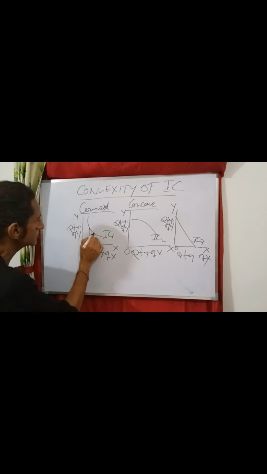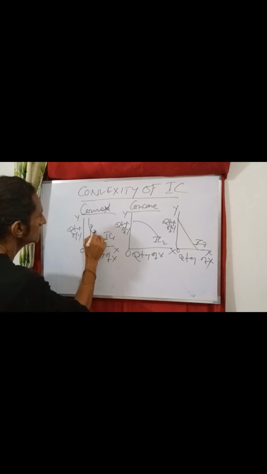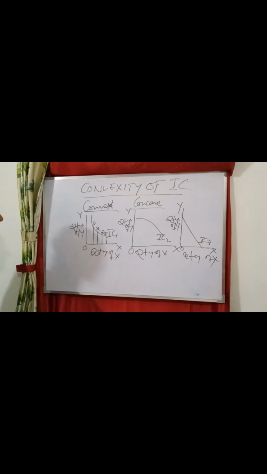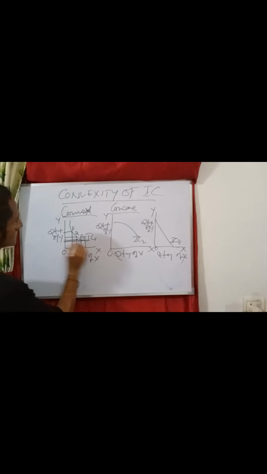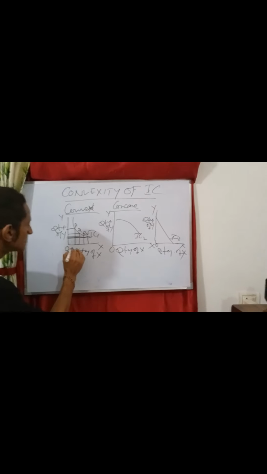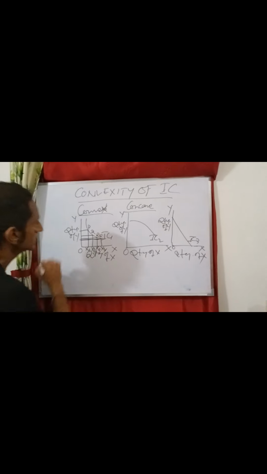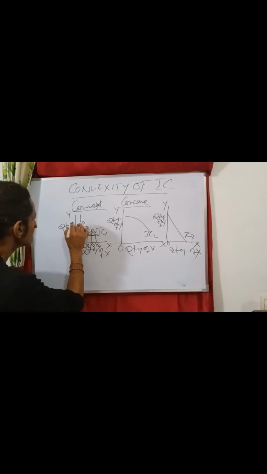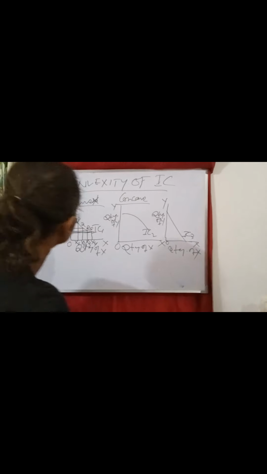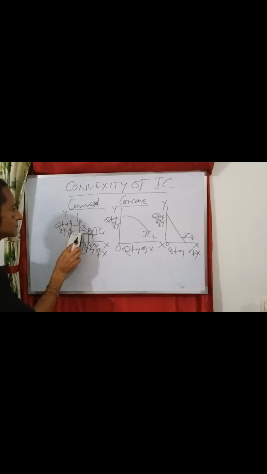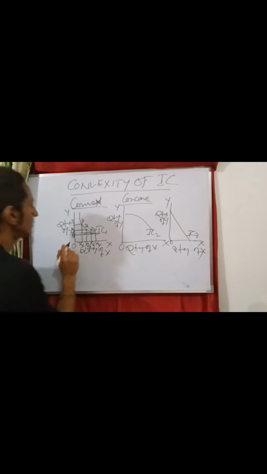In the convex one, the consumer is sliding down the indifference curve from P to Q to R and finally to S. So as he goes on purchasing commodity X from X1 to X2 to X3 then to X4, he sacrifices Y. This is Y1, this is Y2, this is Y3, this is Y4.